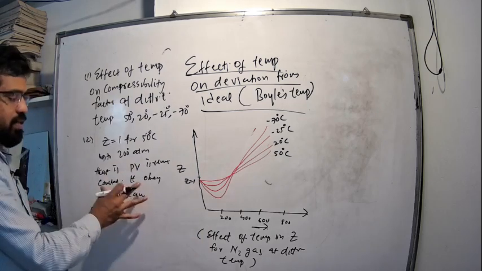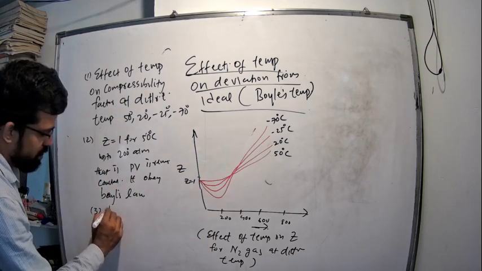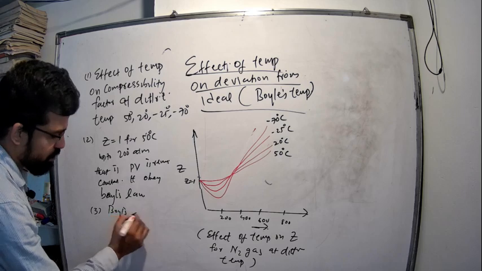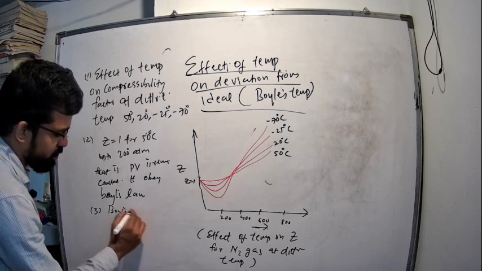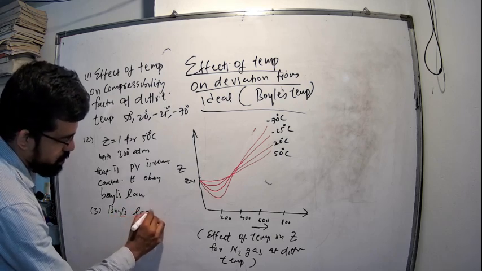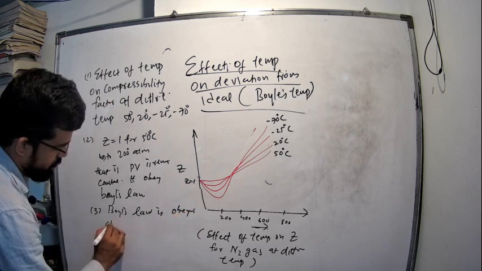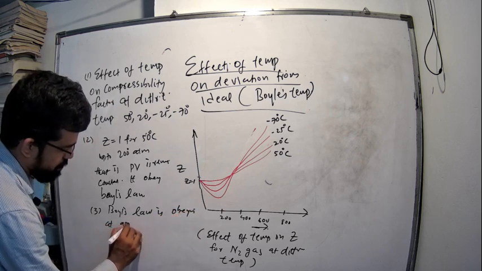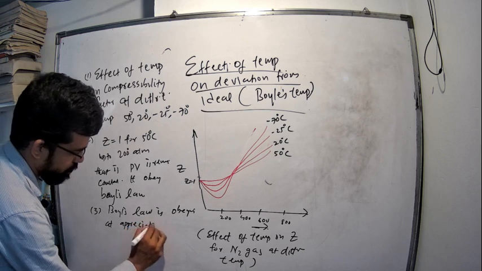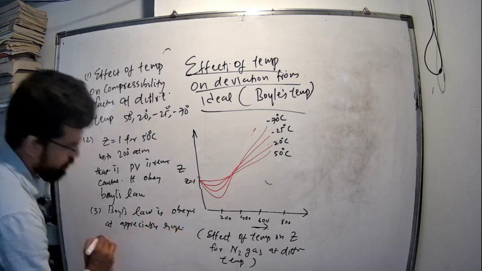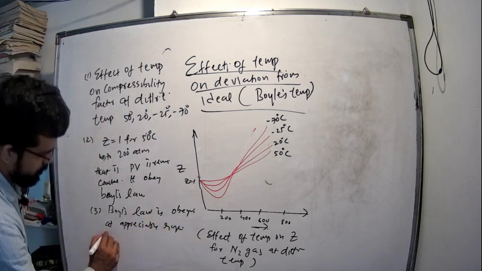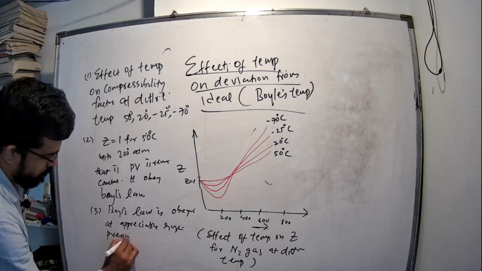That is what I have written here: PV is constant is Boyle's law. Boyle's law is obeyed in an appreciable range of pressure.